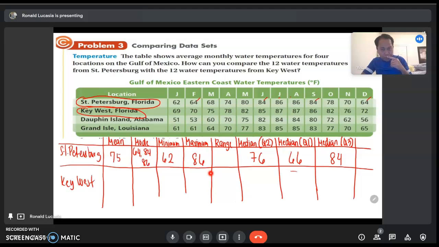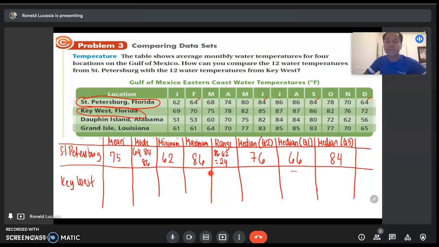Now for the range, you can get the range by subtracting the highest and the lowest. For St. Petersburg, the highest there is 86. The lowest is 62. So 86 minus 62, that is equal to 24. And we have all the data.